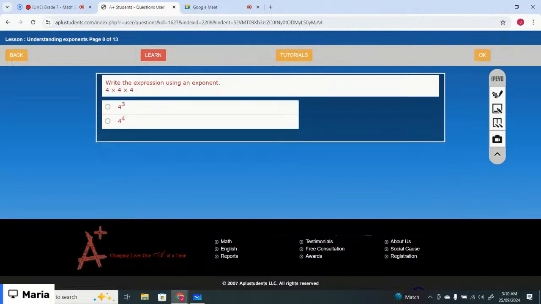Okay, the next one is write the expression using an exponent. So which is the correct option? The correct option is option number 1. That is 4 exponent 3 is the correct option.